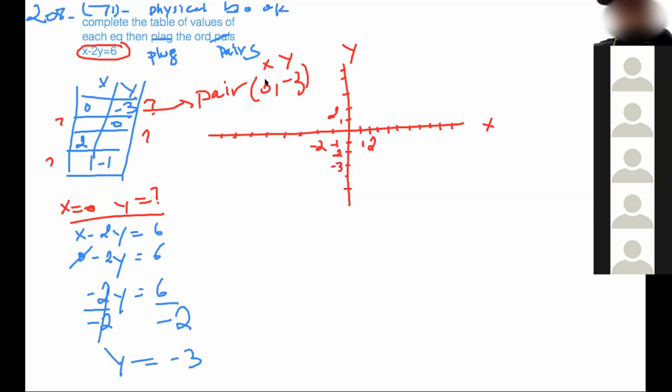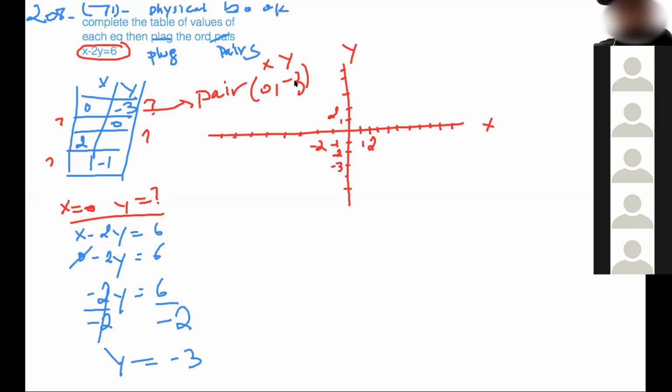So again, start from the x-axis, which is here. And where do you go from here? So x is 0, y is -3. We're going to start from x = 0 on this axis, which is here, in the middle of the graph. Where do you go from there to get to the y? You go to the y, -3. So we need to go down.